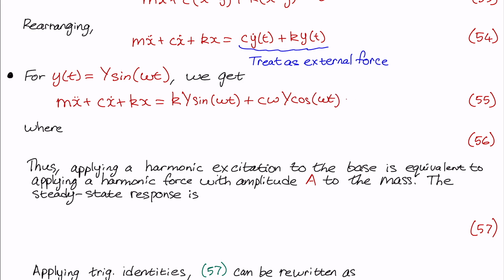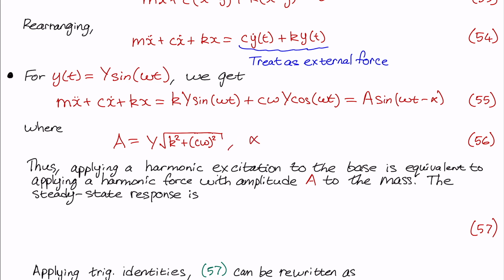We'll rewrite this as big A times the sine of omega t minus alpha, where this big A is equal to big Y times the square root of k squared plus the quantity c omega squared.